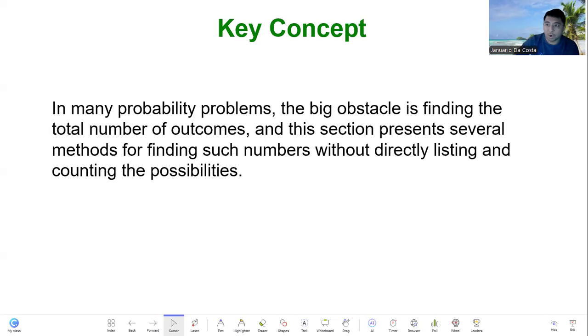Or what are all the possible outcomes of a certain procedure? That probably is one of the biggest problems in calculating probability, right? So in this part of the class, I am going to teach you a technique you can use to calculate all the possible outcomes when calculating for a probability.